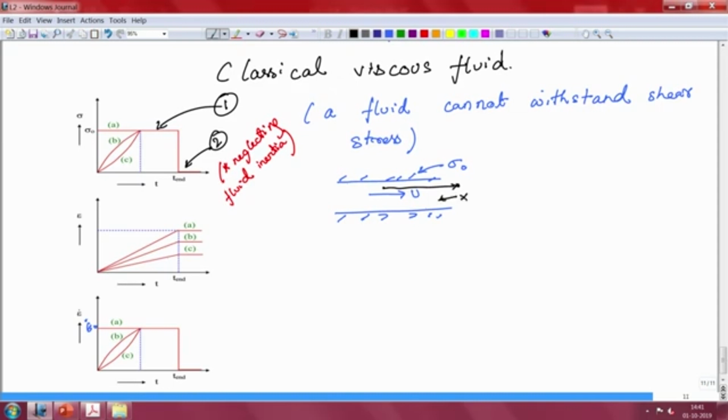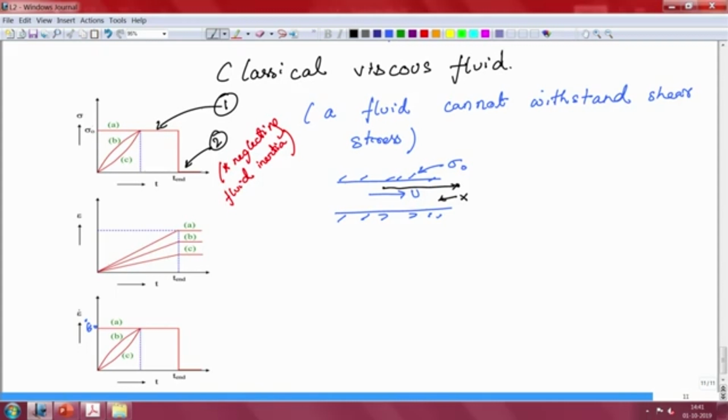It is just going to stay there the moment you release the stress, which means that the strain becomes constant in that case. So, we see that there is a small amount of difference with respect to that of a classical elastic solid, in that the stress and the strain diagrams seem to be different.